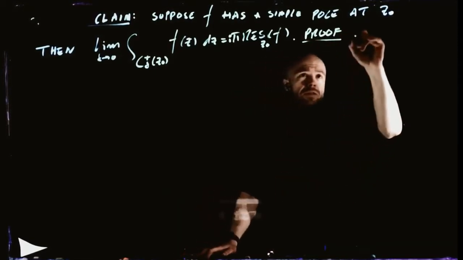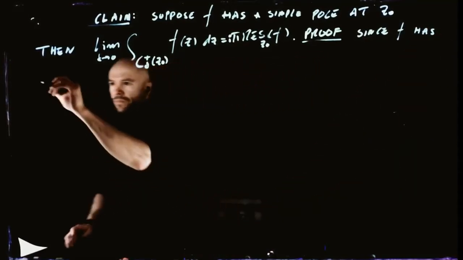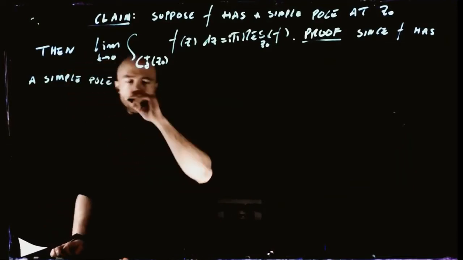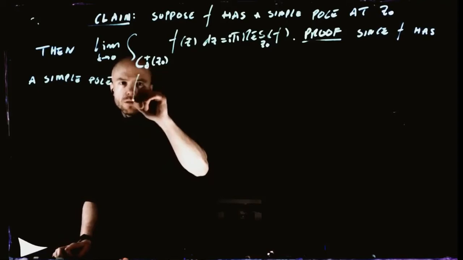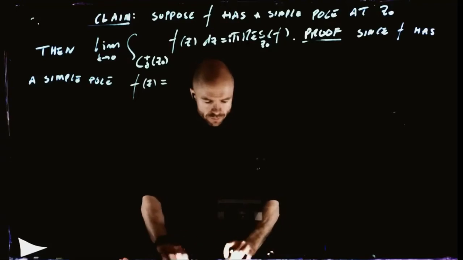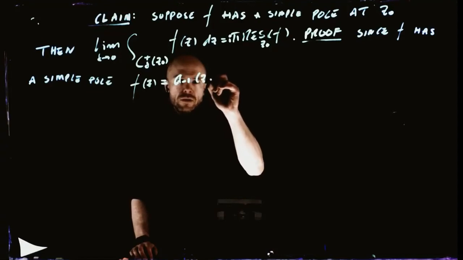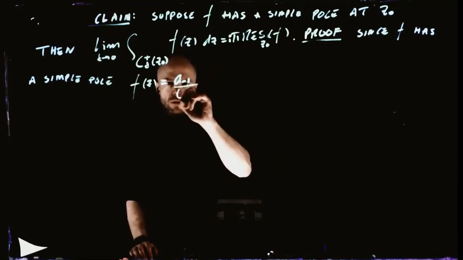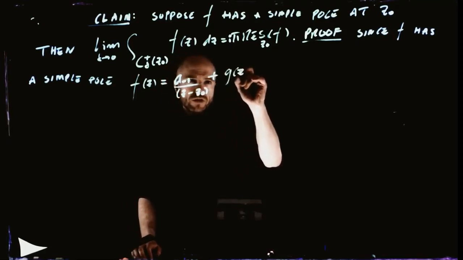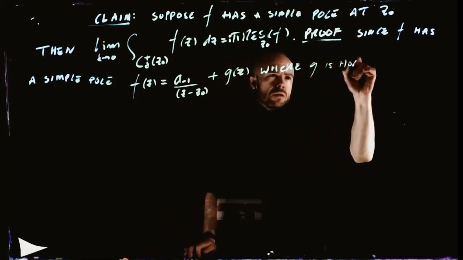Okay, so since we have a simple pole, then we know it can be written of the form like this. f(z) is equal to a_{-1} over (z minus z0) to the power 1, plus some holomorphic function g(z), where g is holomorphic.